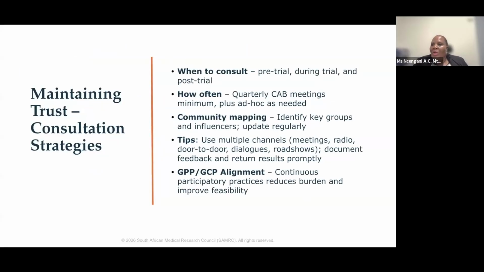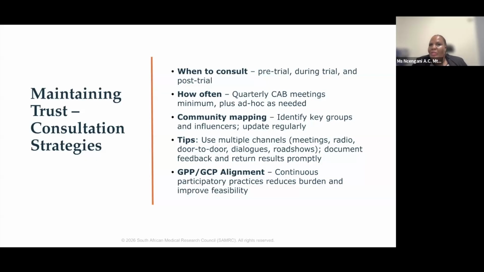So this slide is talking about trust, that it is always important to ensure that trust must be consistent and meaningful during our consultation. In practice, we always aim for quarterly meetings whereby we engage the community advisory board members about the new studies, the current studies, as well as results dissemination. We always continue with the community mapping even when the study has been initiated, and we use different strategies like outreach programs.